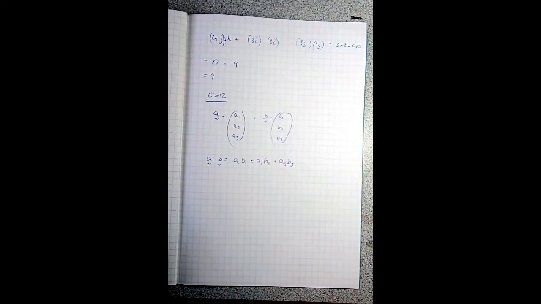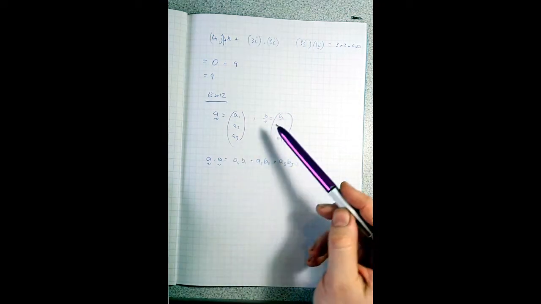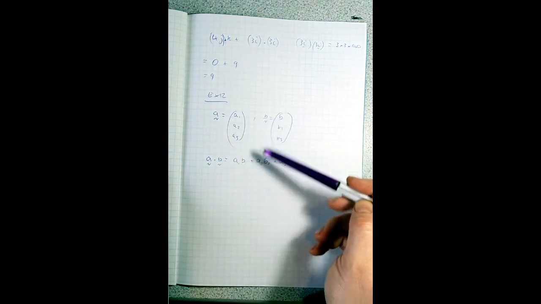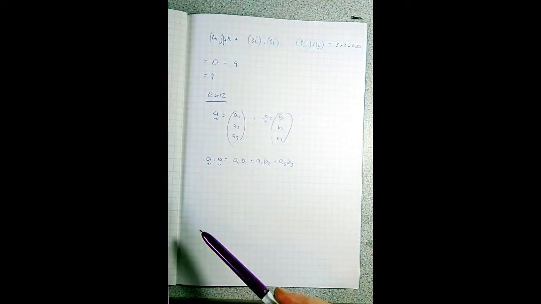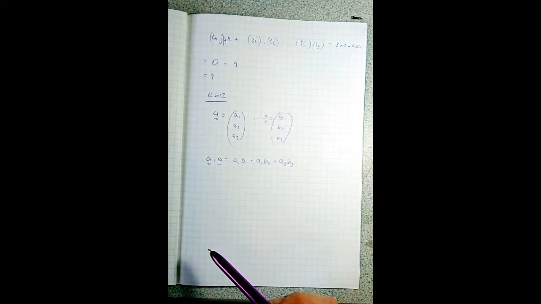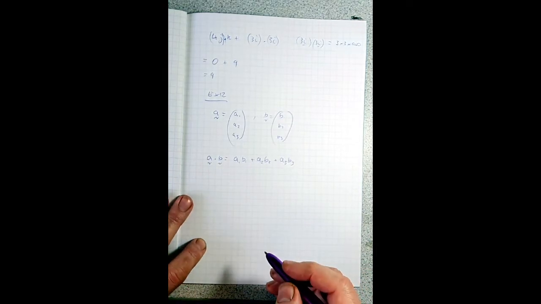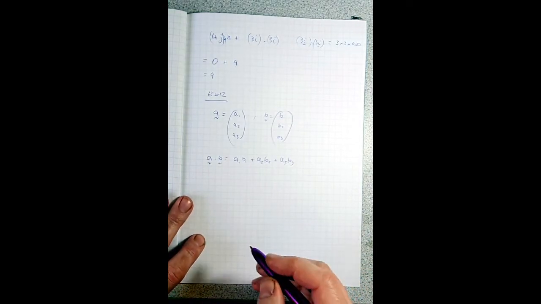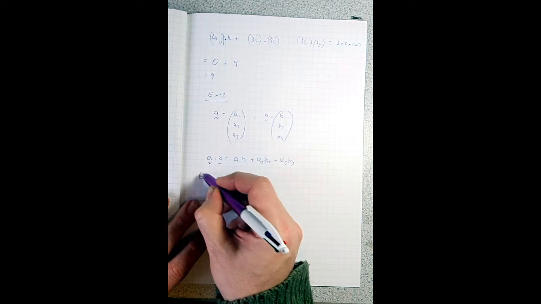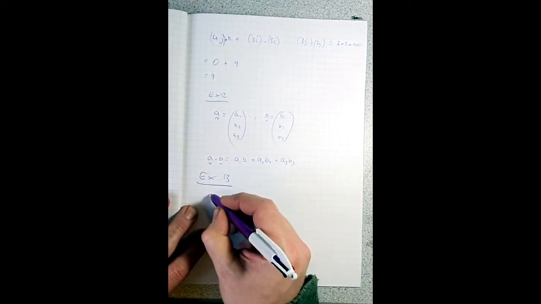You can have a look at example 12 and convince yourself that this is true. You don't need to be able to prove it's true, but you do need to know that it's true. So we have these two alternative ways of calculating the dot product. And that's useful. We'll see why from example 13.